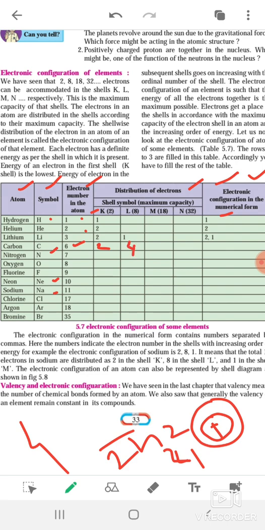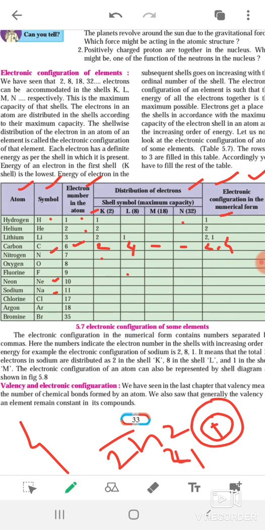We are doing it stepwise. First shell will fill, then second. Carbon atom has only 6 electrons, so it is completed here, 2 and 4 make 6. The remaining M shell and N shell will be empty. So the configuration in numerical form comes like 2, 4.